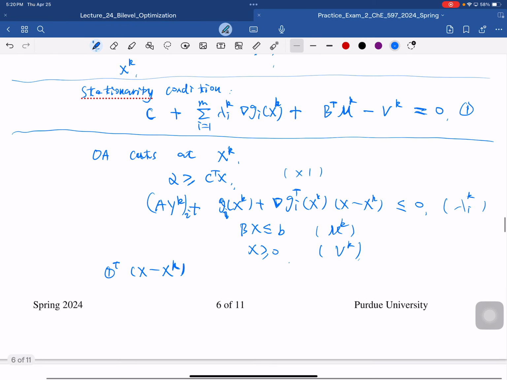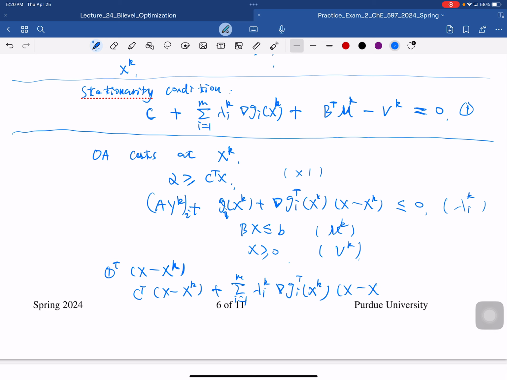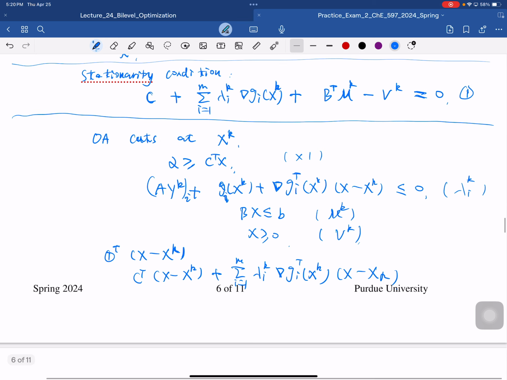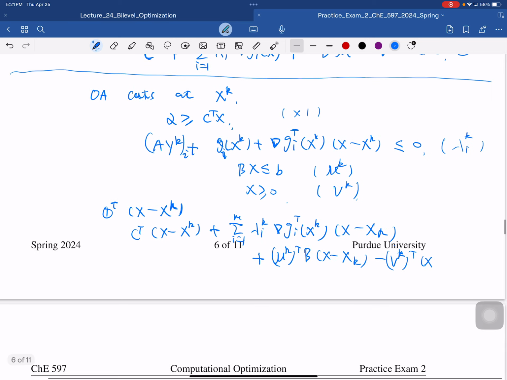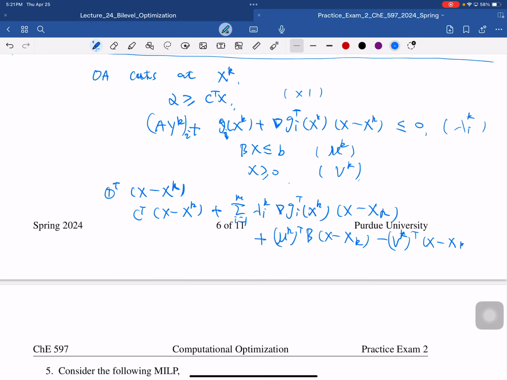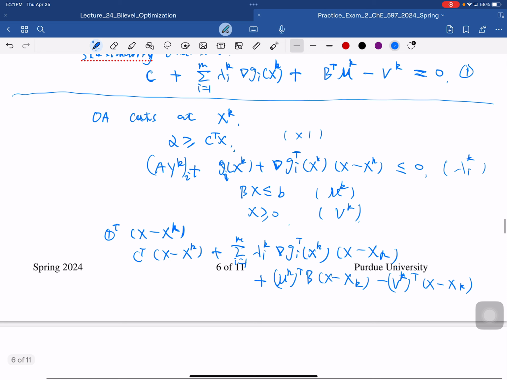Then we will get C transpose x minus xk plus the sum over i from 1 to m of lambda ik, the gradient ... equals to 0.